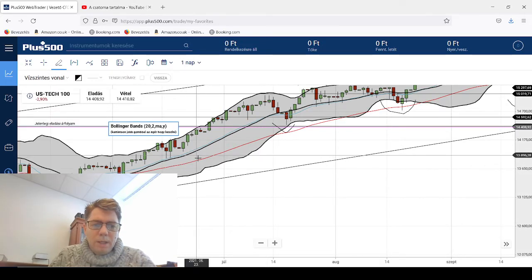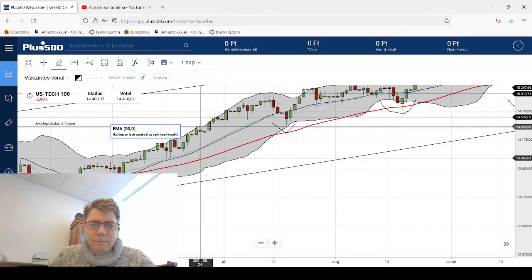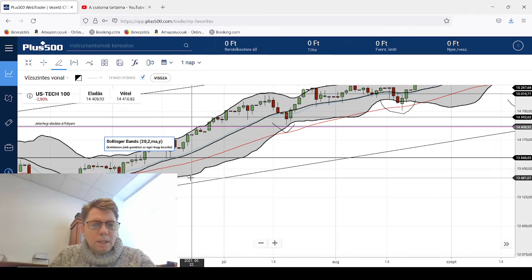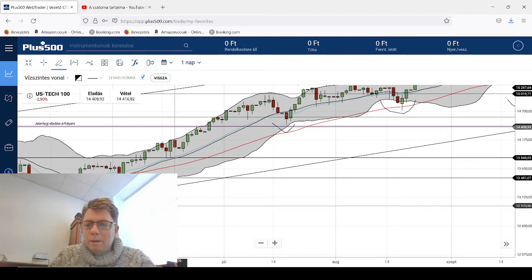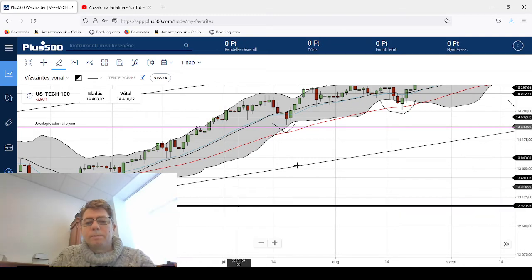So here could be a little target 13,848, then 13,481, but then of course a big target is this area here, actually 12,970, so actually 13,000.